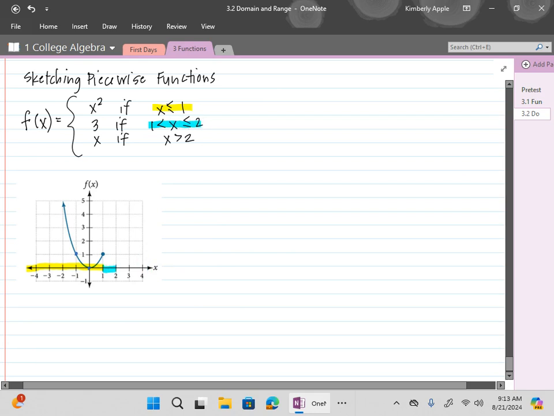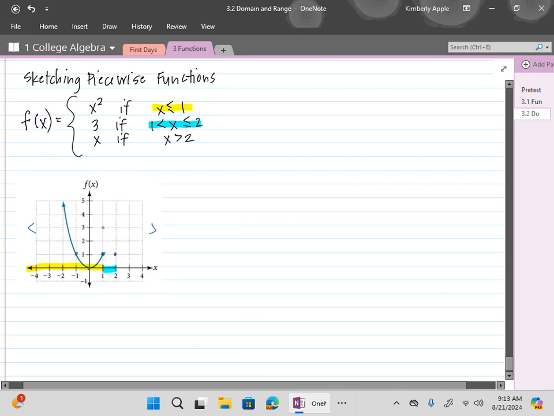That's this. So now let's graph the function 3. This is a constant function. If you remember from your toolkit functions, it looks like this. It's just a horizontal line at 3. But it only exists in this blue piece of the domain. So I'm only going to graph it in between that. So instead of that whole line, I'm just going to graph that from here to here.